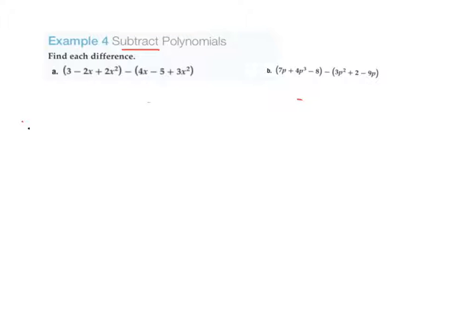Let's look at this next problem. So I have a subtraction, so everything right here is going to change signs. So I'm going to rewrite it, 7p plus 4p cubed minus 8, and I'm going to have a negative p squared, a negative 2, and a positive 9p. So now once I have it all changed, I just combine like terms, which add. So I go to my highest, which is 4p cubed.